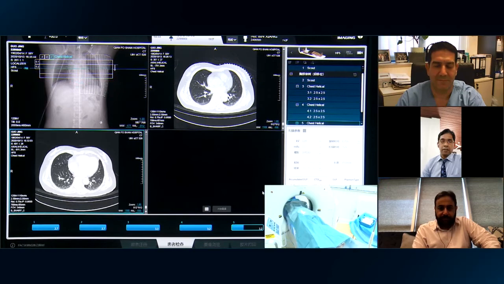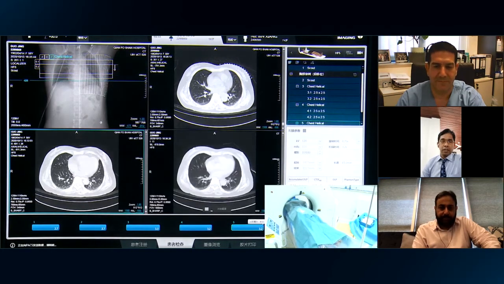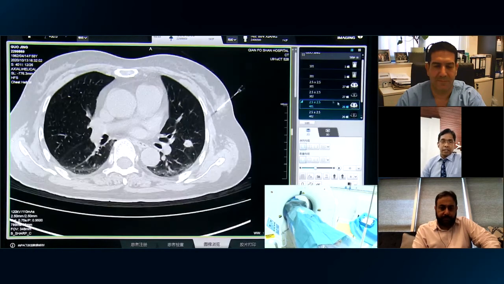If you can maintain 1 centimeter, 10 millimeters, it is better.